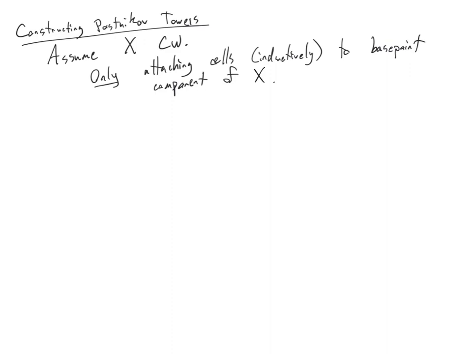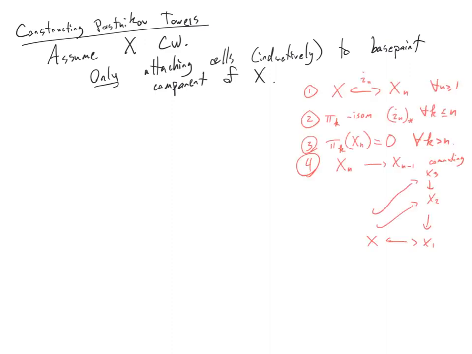So let's recall our desired properties for these maps. Our requirements, which I've just written here quickly, are these. One is that we want this inclusion from X to X_n, for all n, so n varies over all integers greater than or equal to 1. We want the map to be a pi star isomorphism for star less than or equal to n, so in degrees less than or equal to n. It has to have the same homotopy groups. And X_n has no higher homotopy groups in degrees strictly above n.